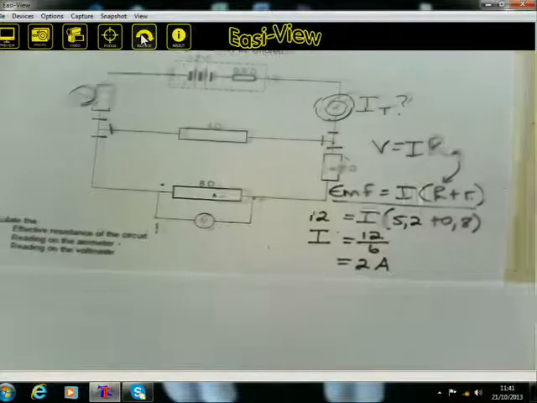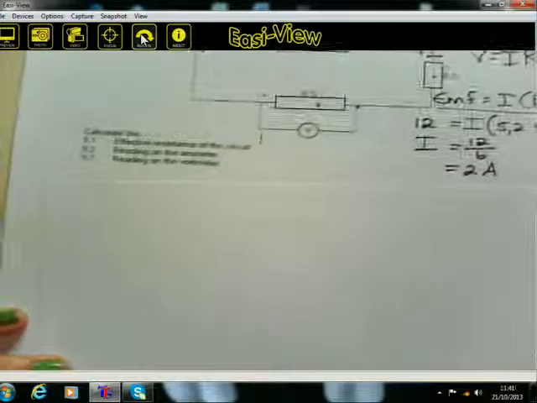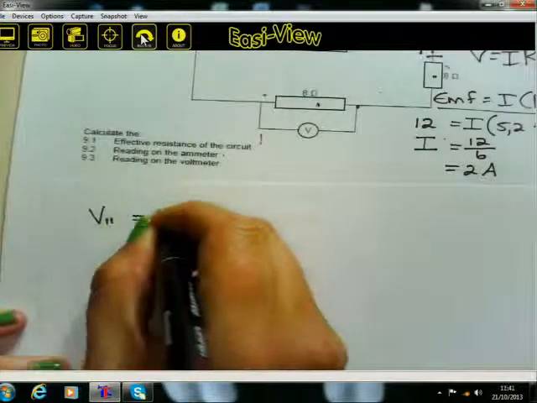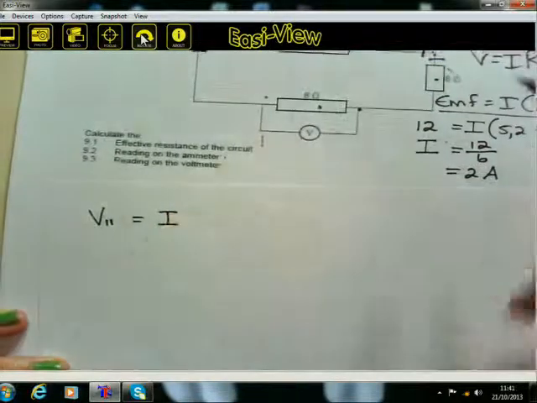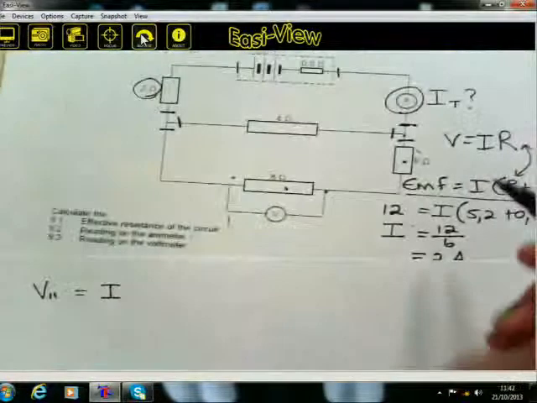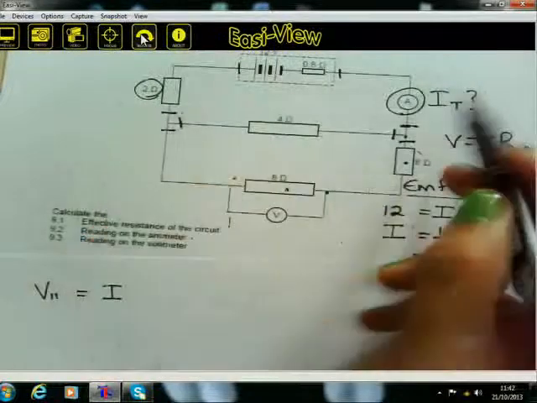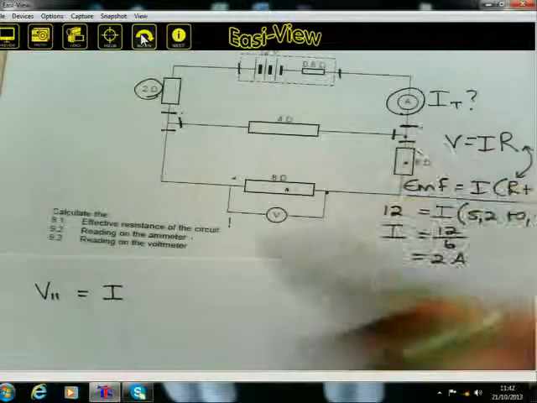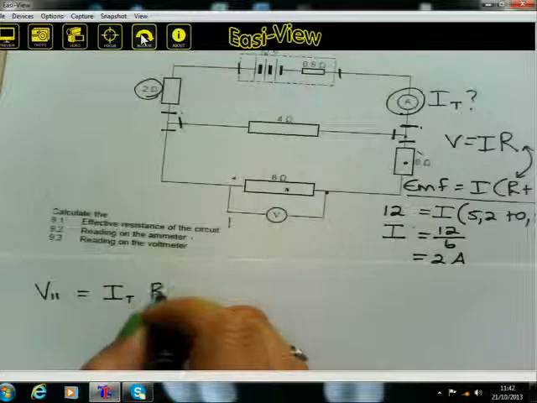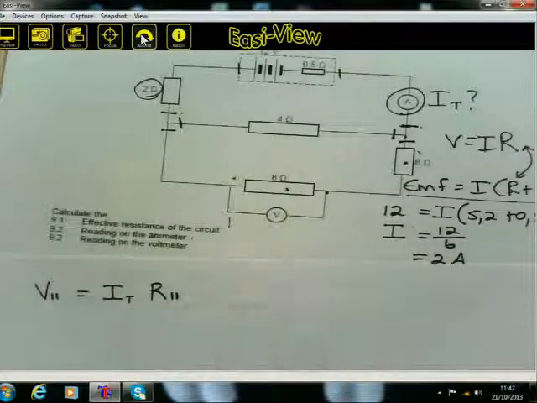Let's see. Again, we must match variables. So if we want to work with V parallel, we work with the total current flowing through the whole parallel part from the start to the finish, total I, times R parallel.